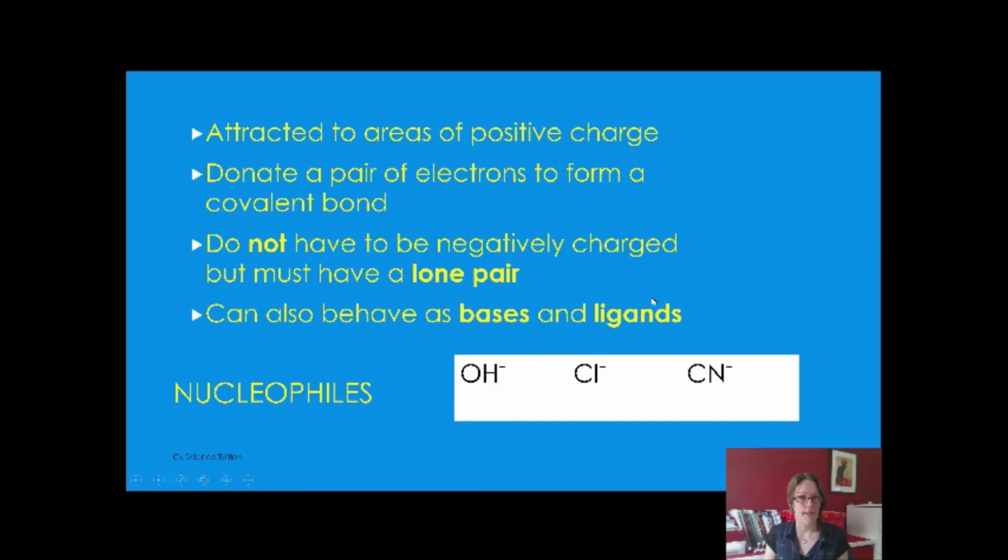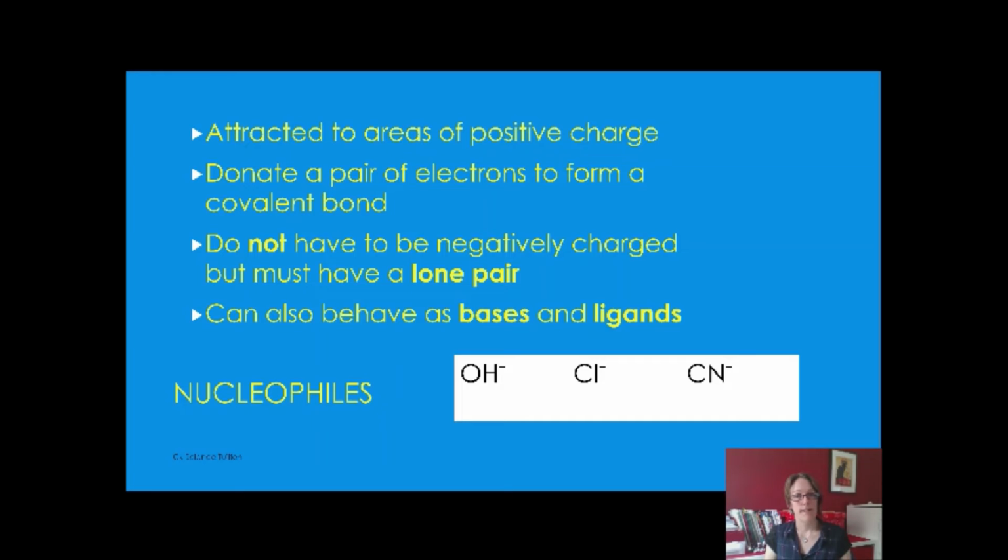When they act as a base, they use their lone pair to donate and form a dative covalent bond, a new bond with a hydrogen ion. So instead of attacking a positive carbon in the sense of a nucleophile, when it's behaving like a base, it accepts H+ instead. Ligands, depends whether you've done any transition metal chemistry yet. If you have, you'll know that molecules with lone pairs can also form dative covalent bonds with transition metal elements.